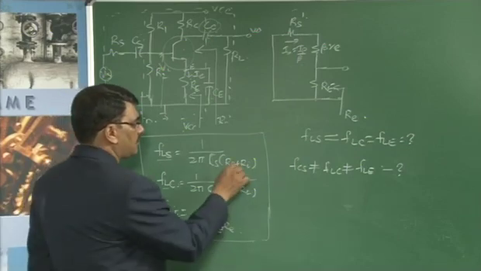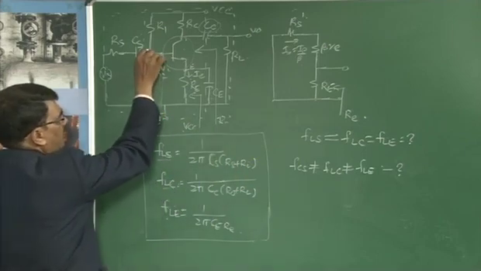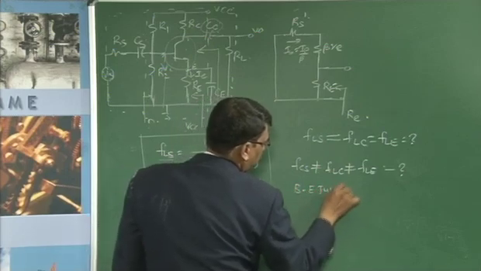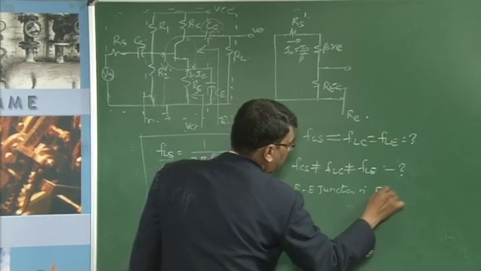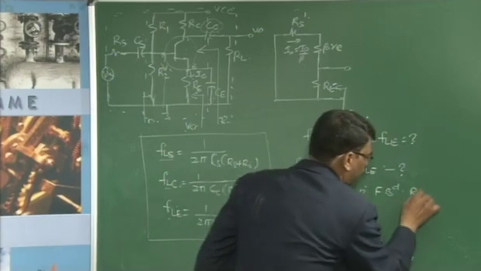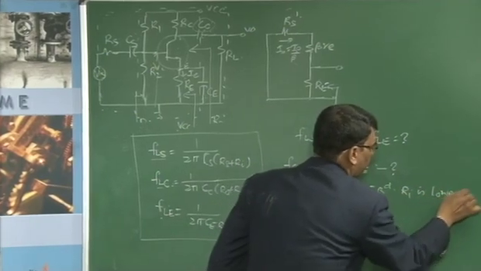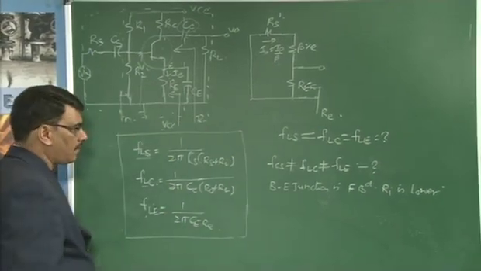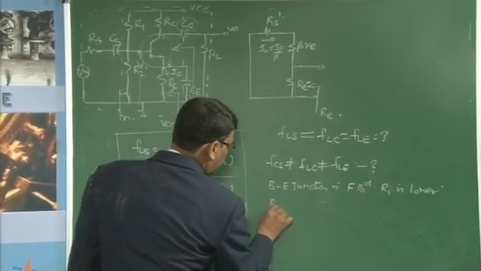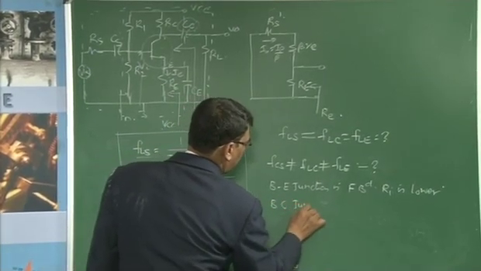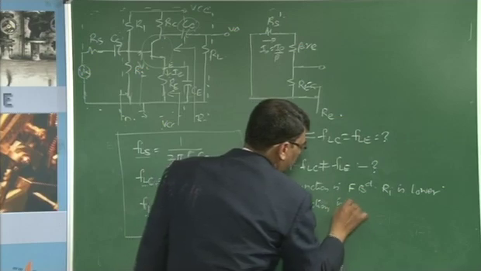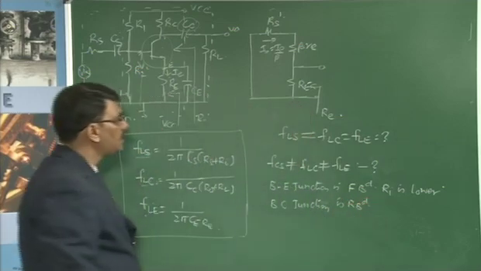The reason is, when you are looking into the input side, we know that the base emitter junction is forward biased. Because of this forward bias, the resistance R_i is lower. Second, the collector base junction is reverse biased for distortionless amplification.